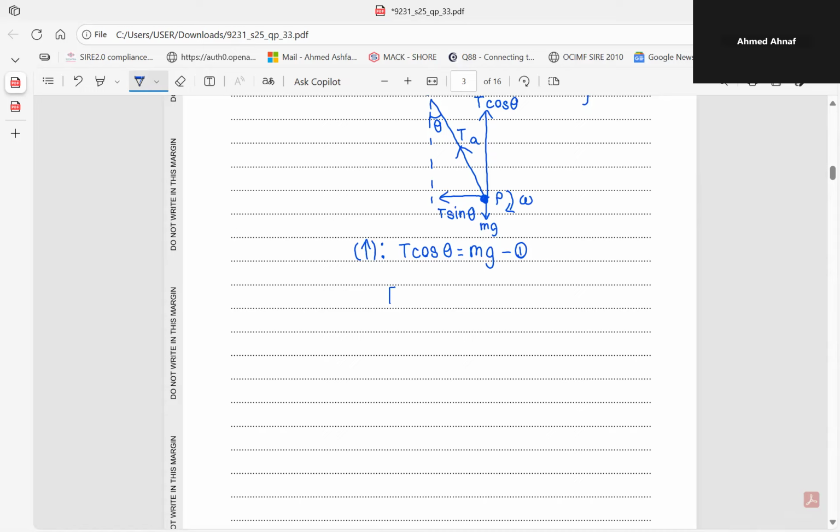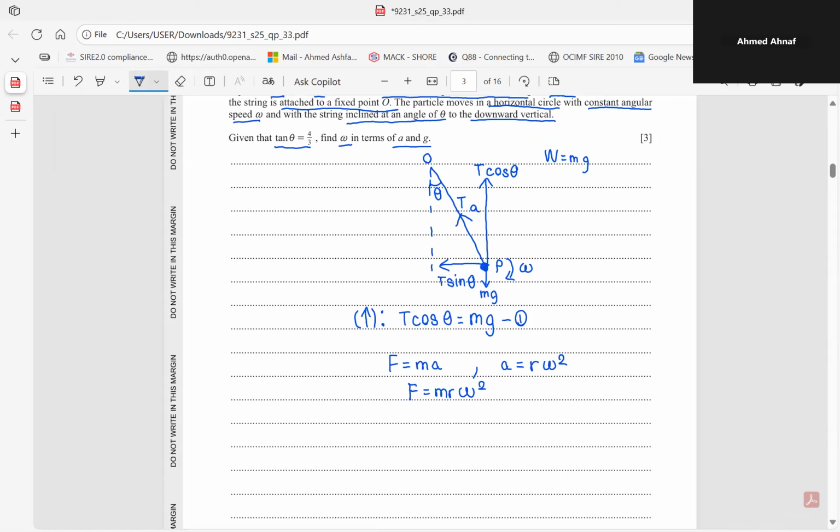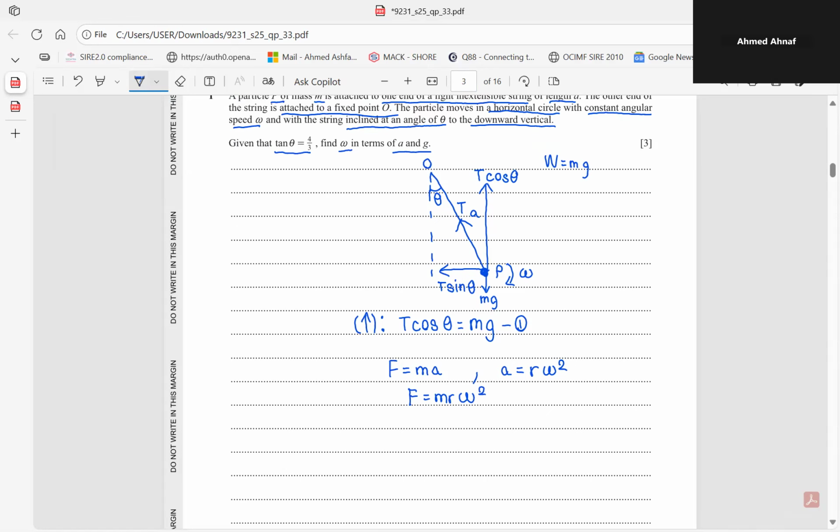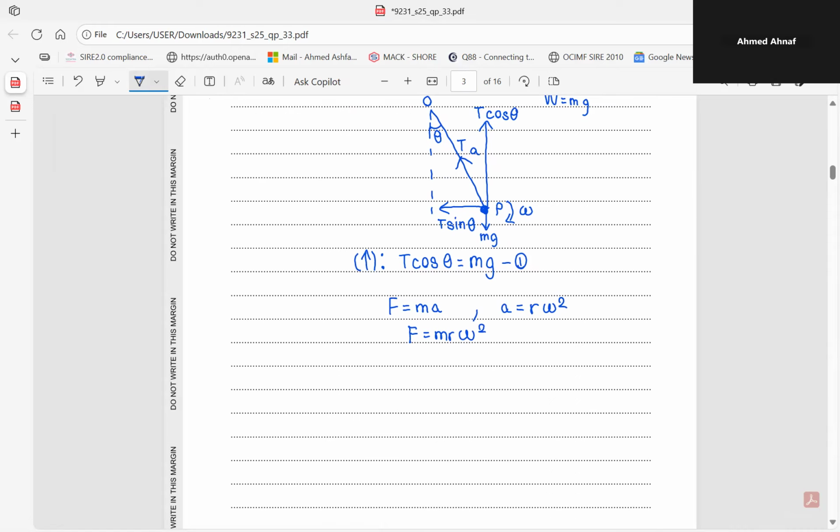So using our force formula, F equals ma, and substituting our centripetal acceleration formula, a equals r omega squared, we get F equals m r omega squared. So F is the centripetal force. So this is going to be T sin theta.